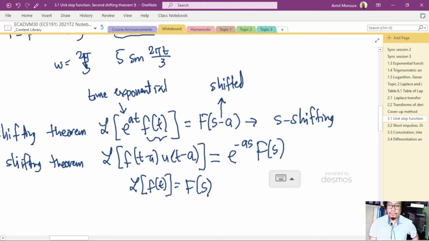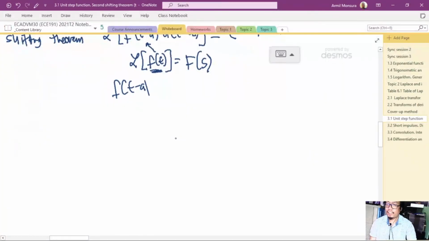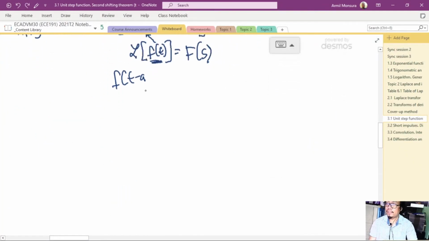Here you can clearly see that f of t minus a is a shifted version of f of t.